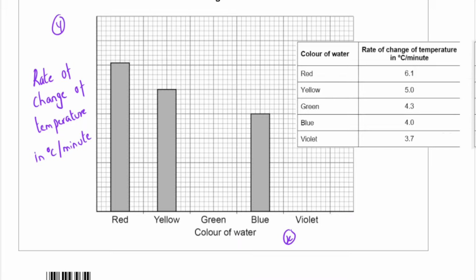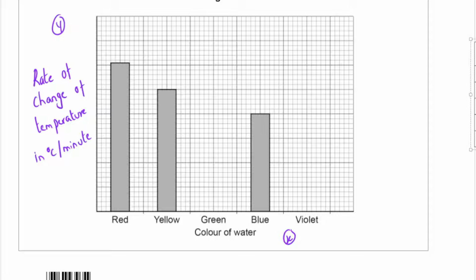Now let's have a look at drawing the bar graph. So you can see the width of the bar is actually 4 boxes. So you'll have to have 4 boxes for the green. The green color is 4.3. So before we draw the green box, we have to label this. So red is 6.1.